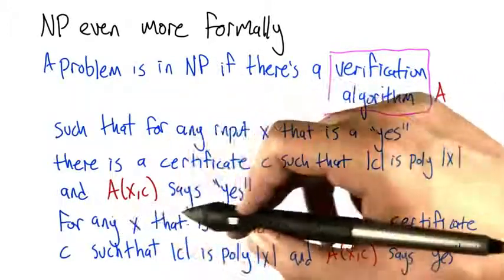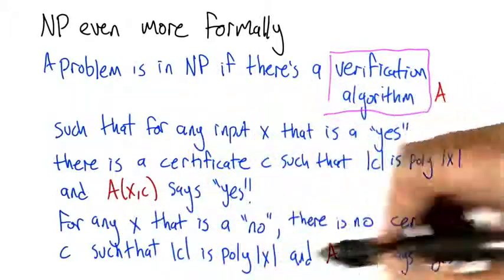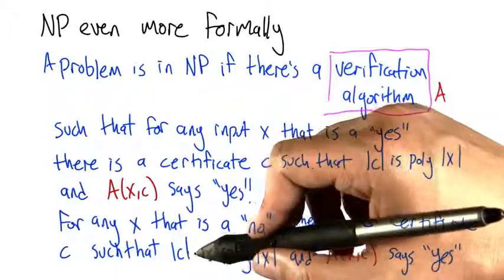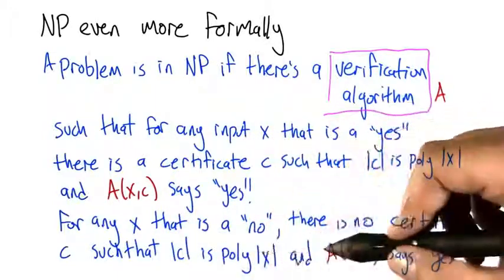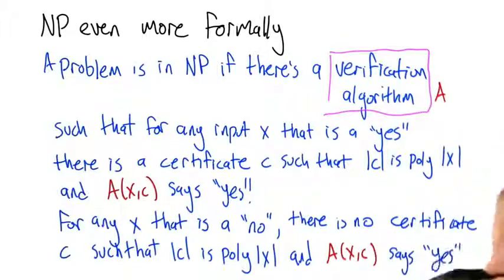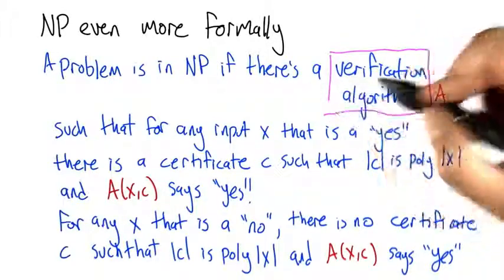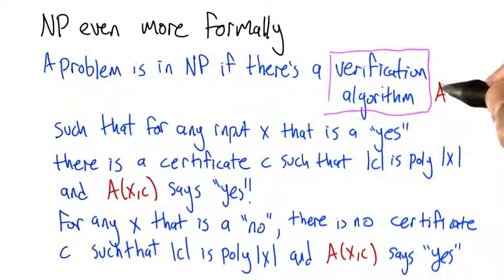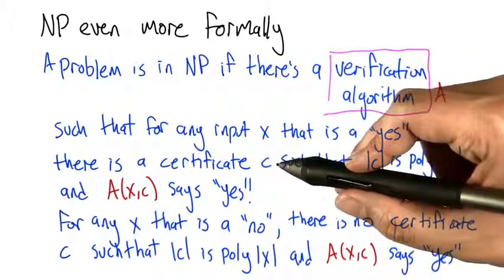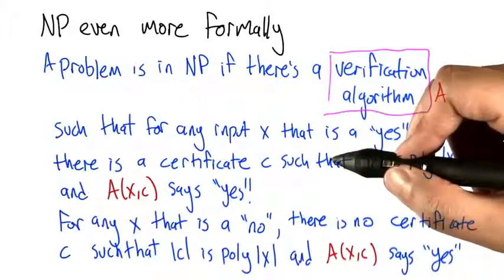But for any X that is a no, there is no certificate C that's polynomially sized with respect to X, and the verification algorithm says yes. So for any yes answer to the problem, our verification algorithm will say yes for some small certificate. Otherwise, it will say no for all small certificates.